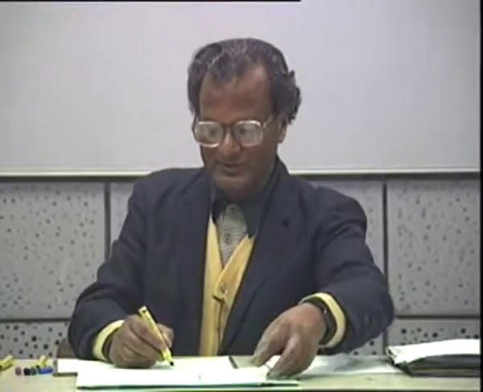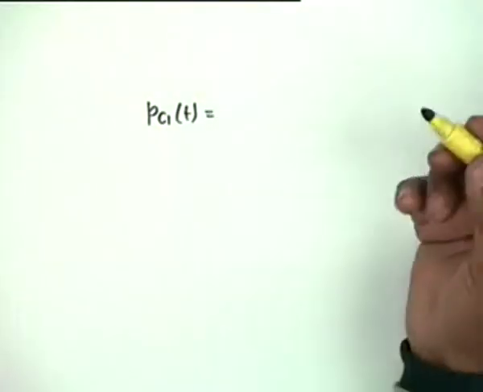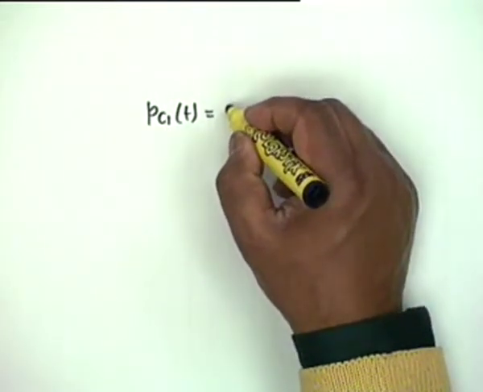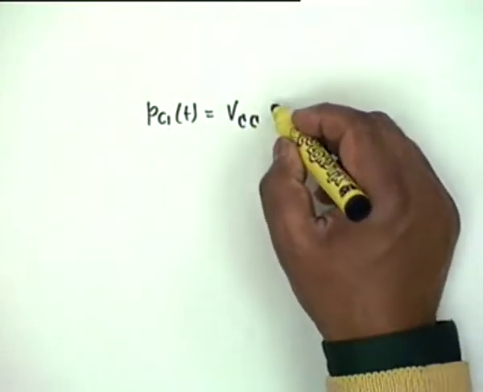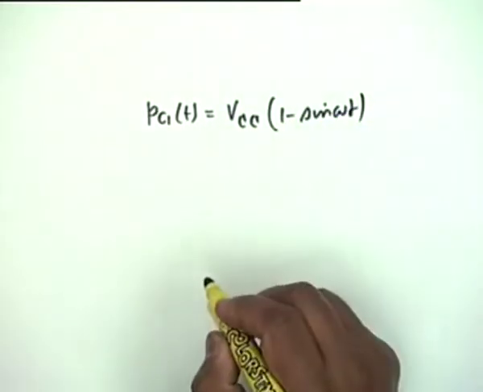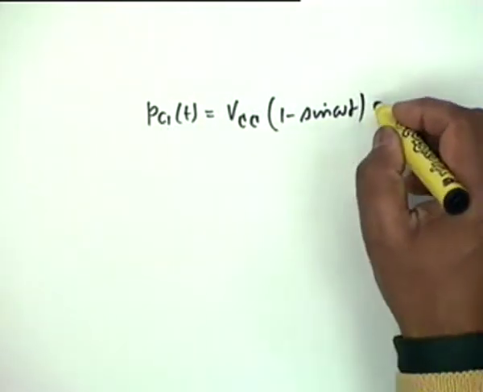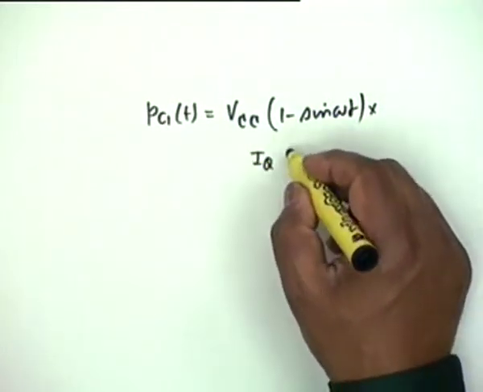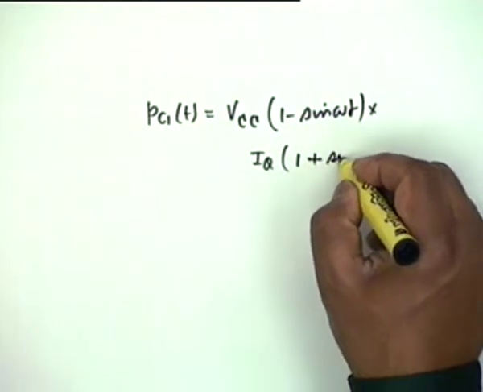You can show that when the transistor is driven to its limits, then VCE1T is simply VCC times 1 minus sine omega t, agreed? VIM becomes equal to VCC, multiplied by IQ times 1 plus sine omega t.